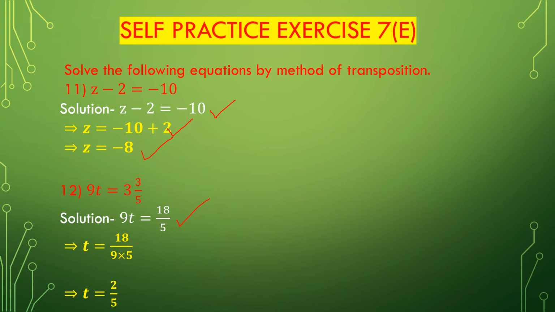Just multiply the denominator 5 with the whole number 3, then add the product to the numerator. 5 multiplied with 3 is 15, 15 plus 3 is 18. 18 is in the numerator and divided by the denominator 5. 18 divided by 5, this is an improper fraction, as the numerator is more than the denominator.